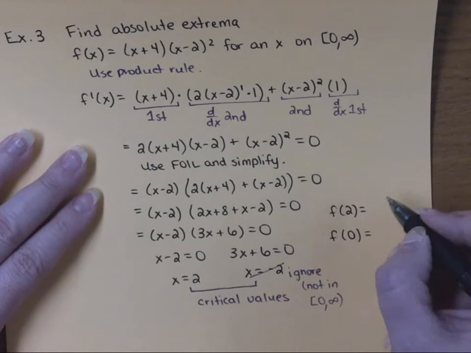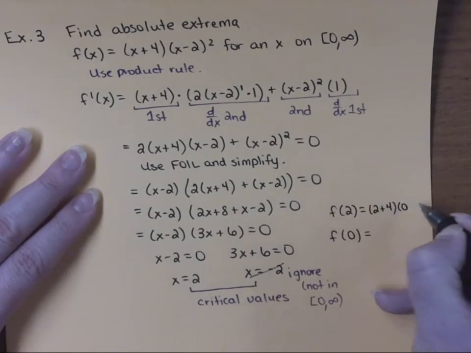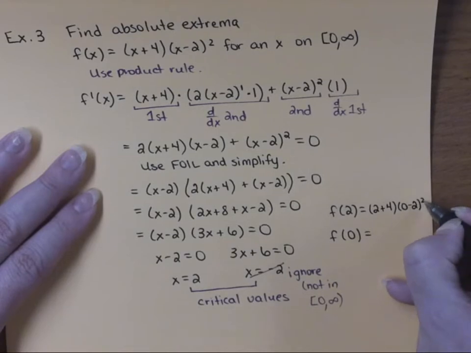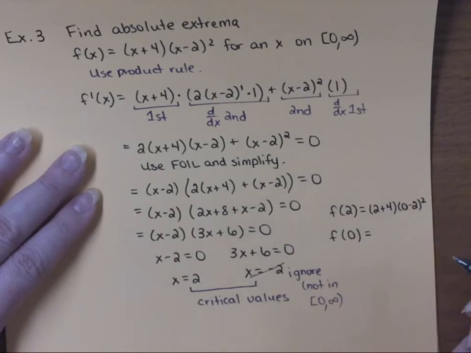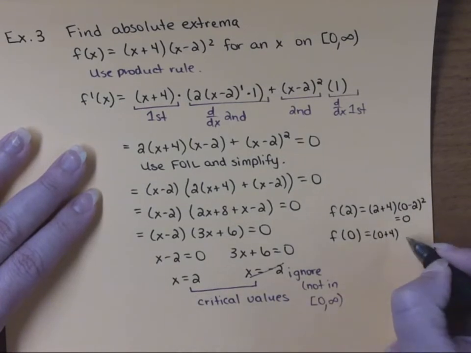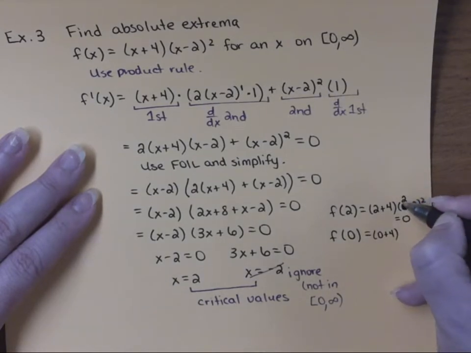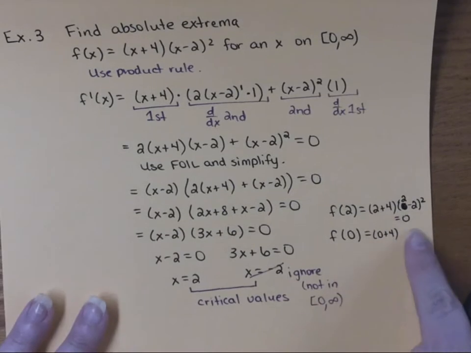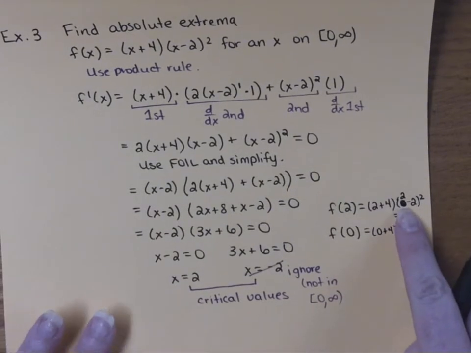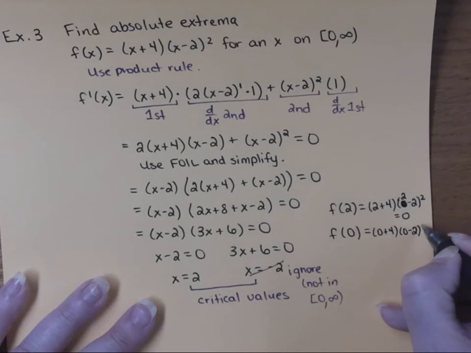So if I plug in 2 to the original, I'll get (2 plus 4) times (0 minus 2) squared. I did that wrong. Right up here, that should be 2 minus 2, right? Sorry about that. So that's how I got 0. It should be plugging in the x. I was kind of mixing the two, which we definitely don't want to do.